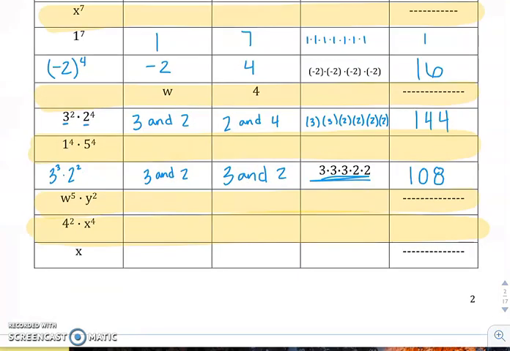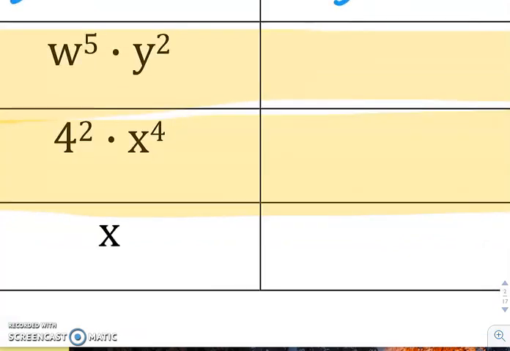So last one, just x. So even though you can't see it, if it's a single x, or just a single number, even if it were just a 3 or just a y, if you see no exponent, don't assume that it's a 0. It's not going to be 0. It's going to be a power of 1.